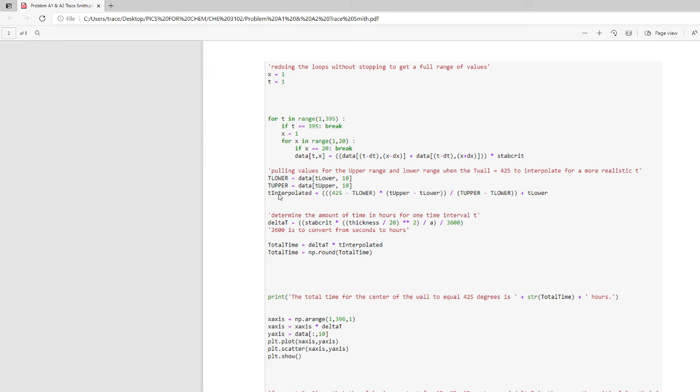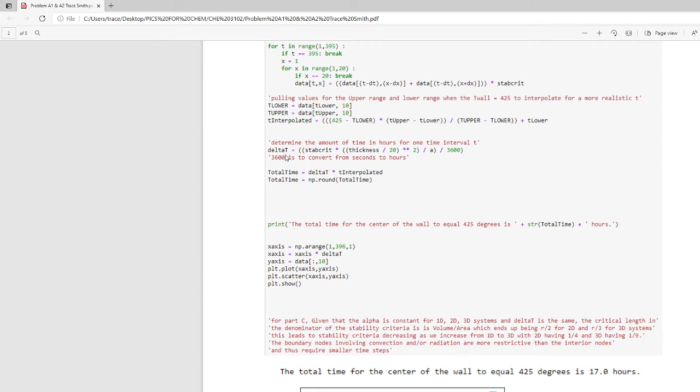This would be your t, your number of time increments whenever the value of the middle of the wall is equal to 425 degrees. And then I determined your delta t, which is the amount of time in hours for one time interval of t.